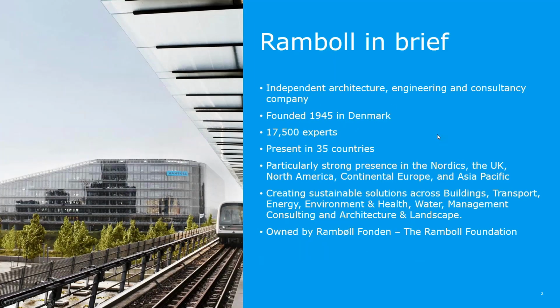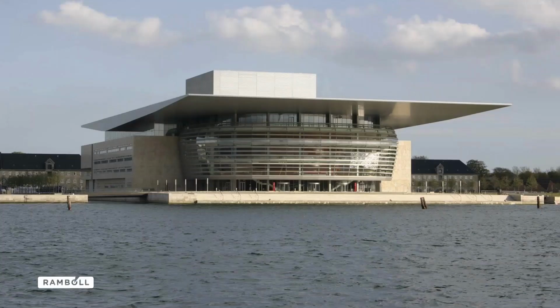And a little bit about Ramboll. We are an independent architecture, engineering, and consultancy company owned by the Ramboll Foundation, founded in 1945, and currently there are 17,500 employees present in 35 countries. So I figured it was a bit overwhelming to start speaking about global projects and all that stuff.